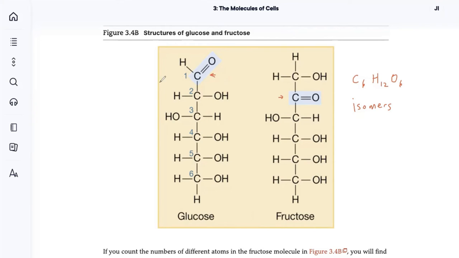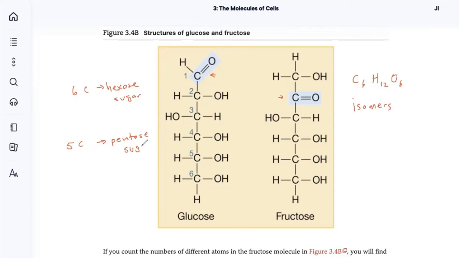You could also have different sugars that are based on different numbers of carbons. If you have 6 carbons, you would call that a hexose sugar, sugar because a lot of these things are sweet. Hexose means a 6-carbon sugar. If you were to have 5 carbons, you would call that a pentose sugar.